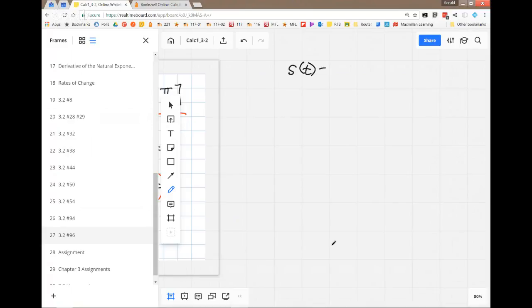S of t equals negative 16 t squared plus something t, plus something like that. That's the formula for the height of a falling object. So at t seconds, how tall is this object that was dropped from 50 feet or whatever? And you'll get an equation like this. So that's basically a distance or height formula.